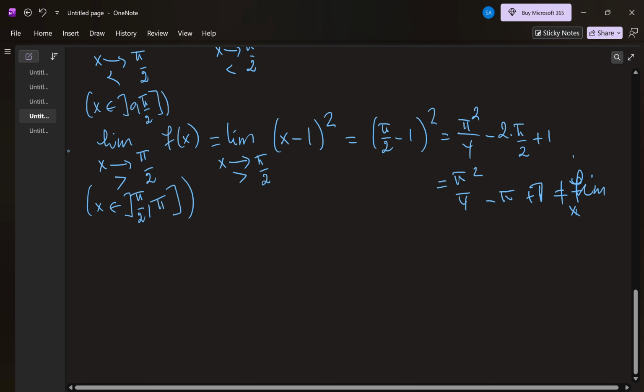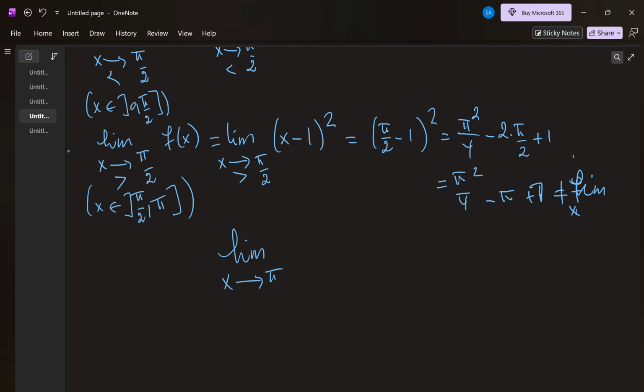So here we notice that the limit of f of x from the left is different from the limit of f of x when x approaches π over 2 from the right.